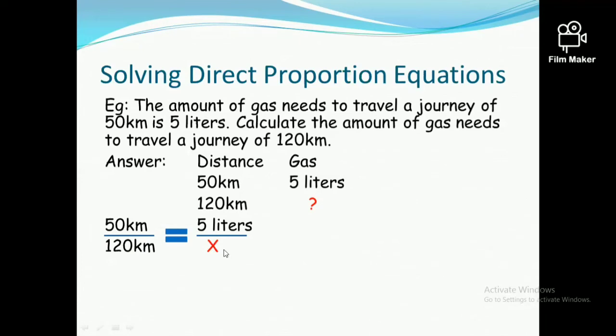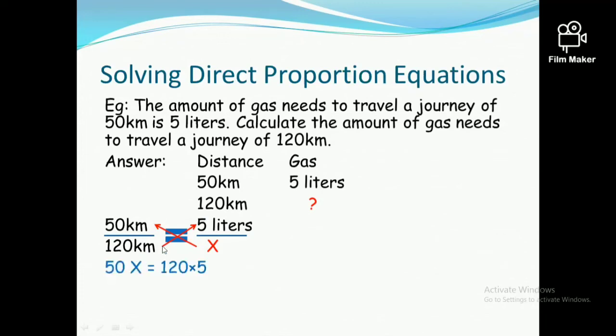Then what you need to do is multiply this number with 50. We call it cross multiplication. x with 50. Then on the other side of the equal mark, multiply 5 with 120. We call it cross multiplication. You have already learned this multiplication in other grades, right?